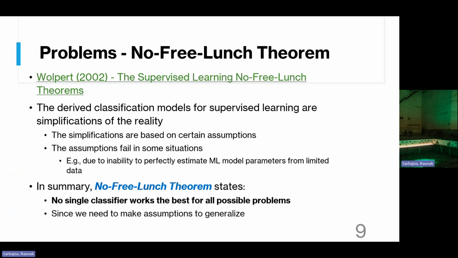Honestly, it'll probably work worse than a basic statistical model or a basic human being looking at it. So no free lunch means you can't really avoid this, right? If you come up with a perfect generalized AI, you'll probably get the Nobel Prize, or you'll probably be killed by a robot.